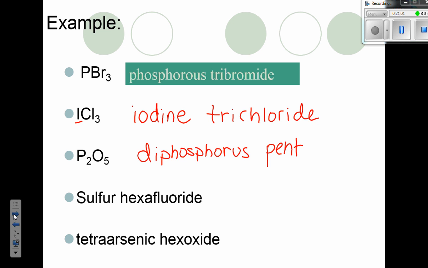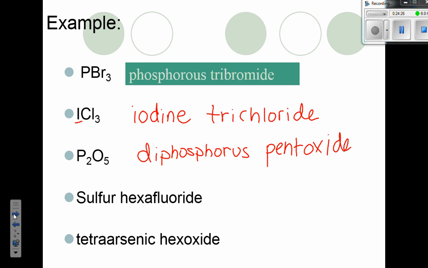Now, penta is the actual prefix for 5, but since we're adding penta to oxygen, we don't put A and O together. So we drop the A, and we put ox. And what else are we going to drop? We're going to drop the gen and add the IDE. So we get diphosphorus pentoxide.